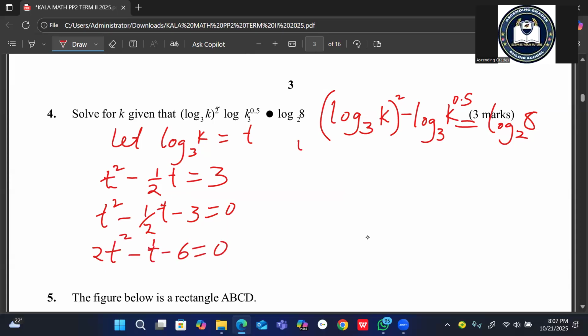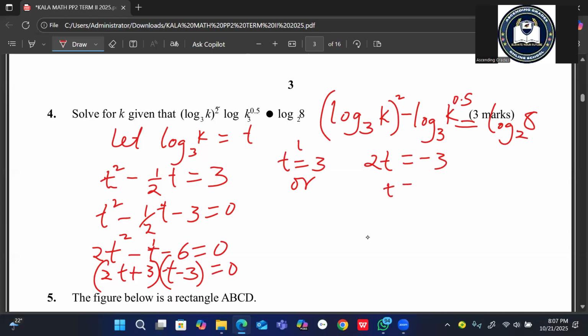So when you factor it out, we'll have 2t plus 3, then t minus 3 is equal to 0. So our t is either equal to 3 or 2t is equal to negative 3. So our t will be equal to negative 3 over 2.